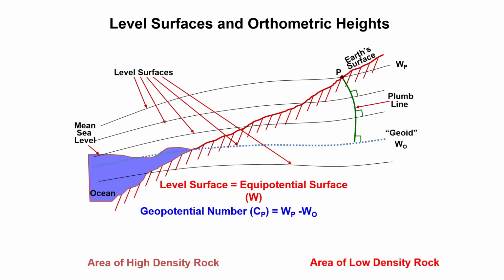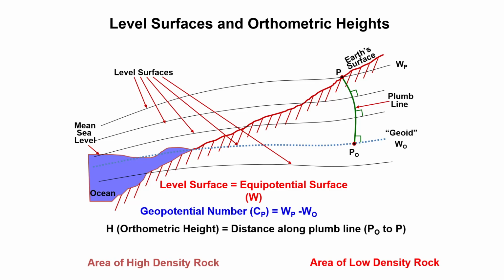However, level surfaces are not parallel, and the plumb line also has its own orientation in space because of differences in the geological formations below this particular place.